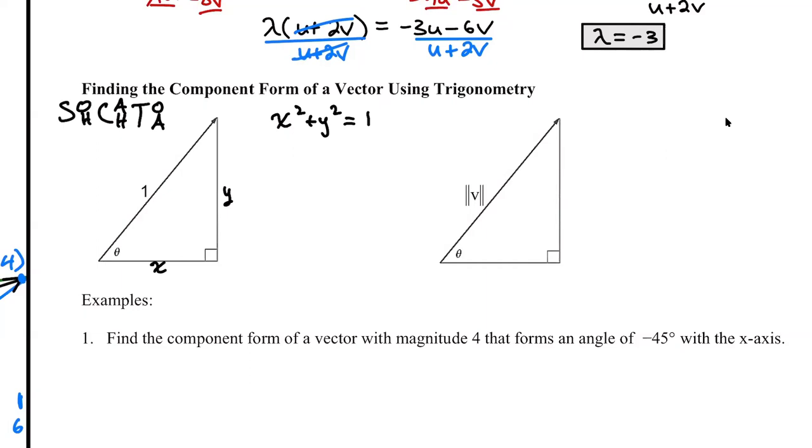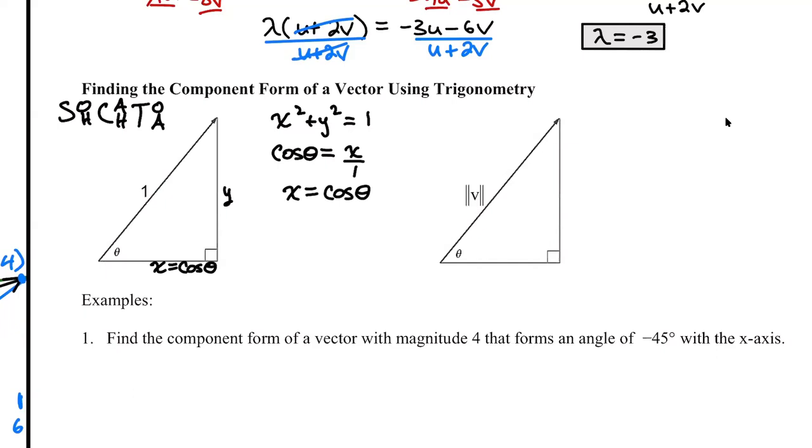I could say tangent of theta is equal to y over x, but I don't know if that's going to get me anywhere. What I could start with is the cosine of theta is equal to x over 1, which makes x equal to cosine of theta. I can tuck that in down here, a nice little relationship.